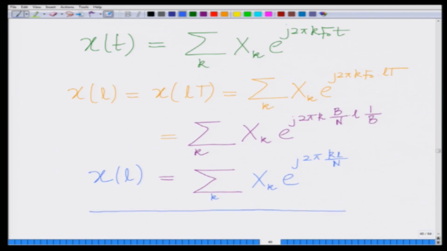So, if you look at this expression, x of L is equal to summation over k of X k e raised to j 2 pi k L divided by n, and this is exactly the expression for the IFFT.